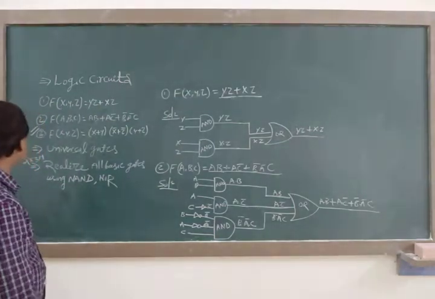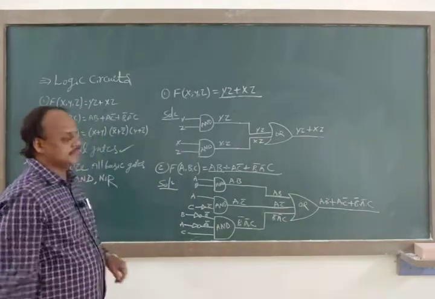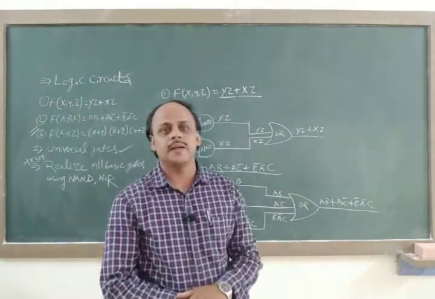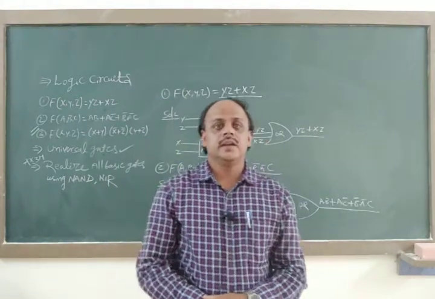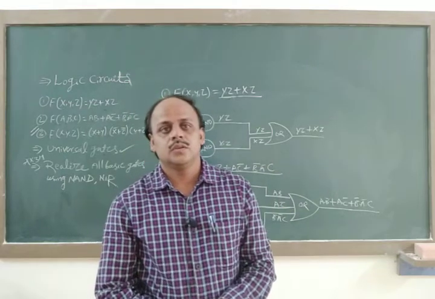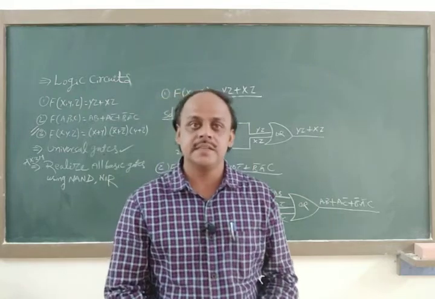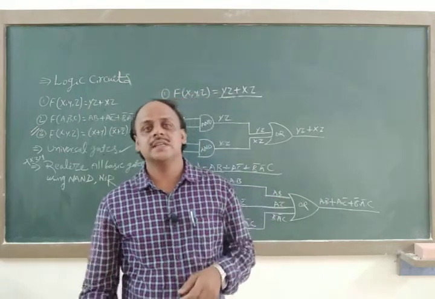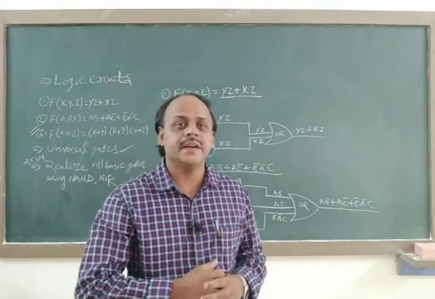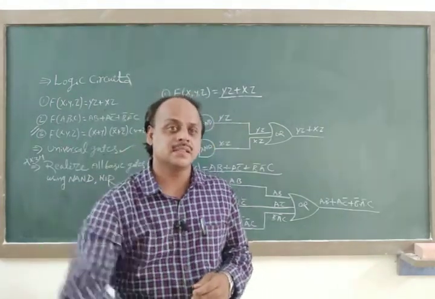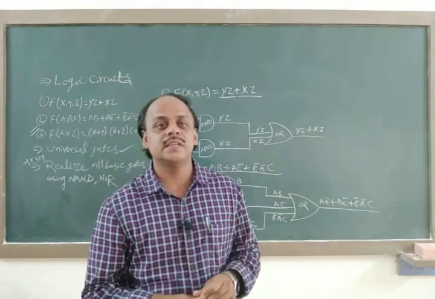And next is very important, that is universal gate. What is meant by universal gate? A gate with which all the basic gates can be constructed is called universal gate. That is, from which we are going to realize all gates, that gate is considered as universal gate.